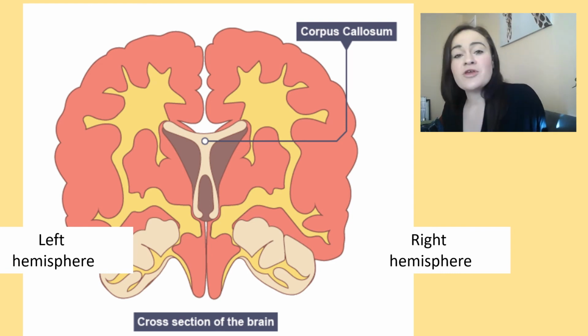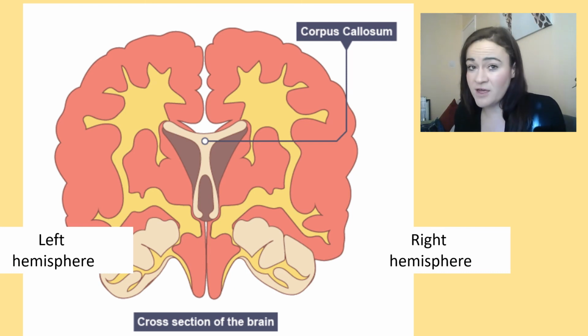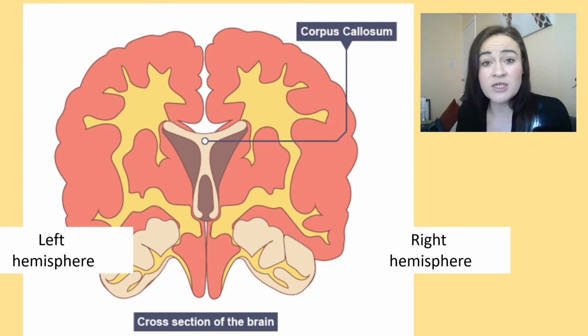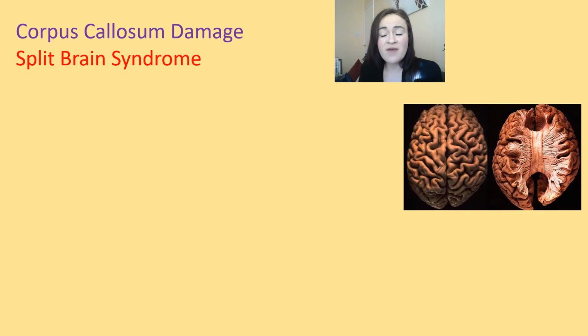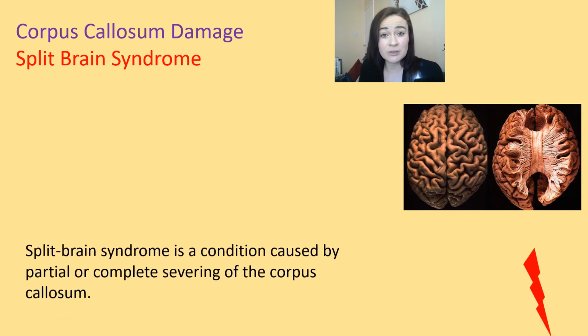However, there are some pretty big side effects, and these patients have been used in the study of the brain for many, many years. Now, patients that have had this operation that splits up the corpus callosum are often said to have split brain syndrome.